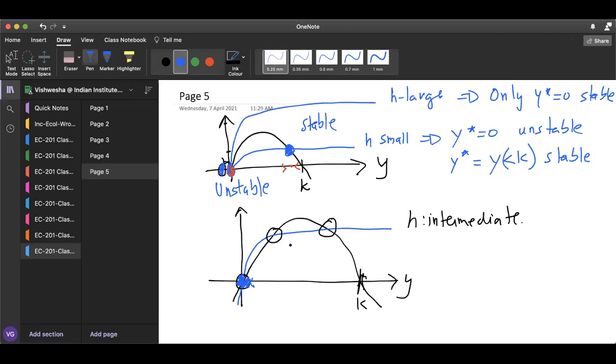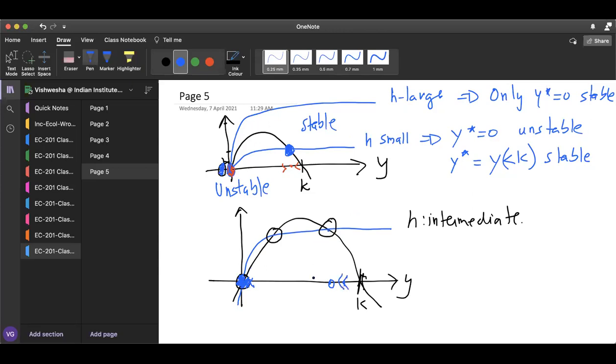Okay. However, let's look at this large population size here. Again, make a small perturbation. What happens now? For a small perturbation, the harvesting again is more than the logistic growth. Again, this will lead to decay of the perturbation.